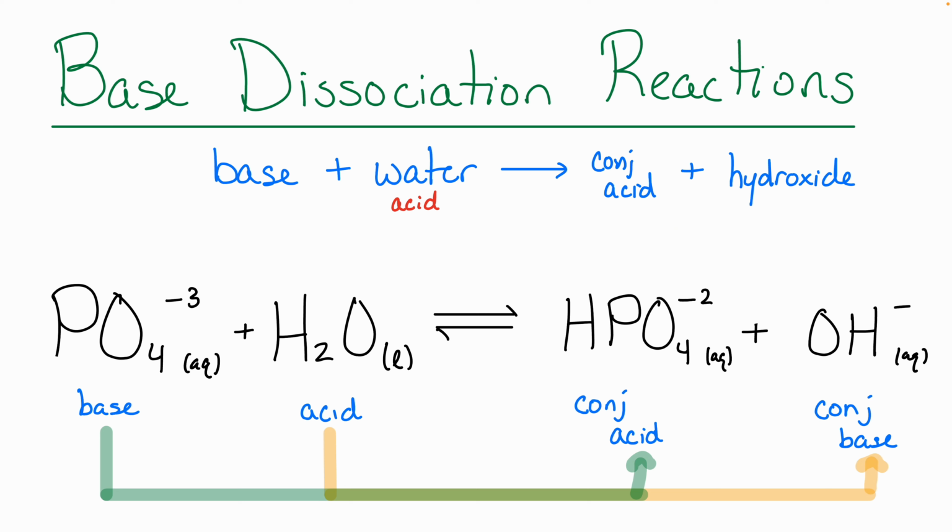Okay, so now in direct analogy, we again have our equilibrium constant for these reactions. Since they're base dissociation reactions, we're going to subscript them with a little b. And in direct analogy to our strong acids, we also have what we call strong bases.